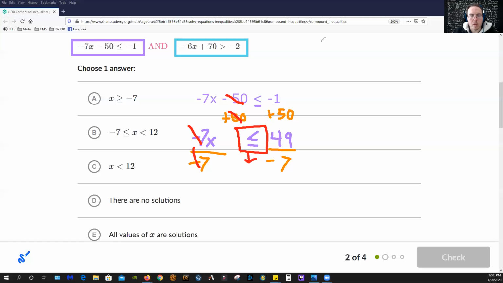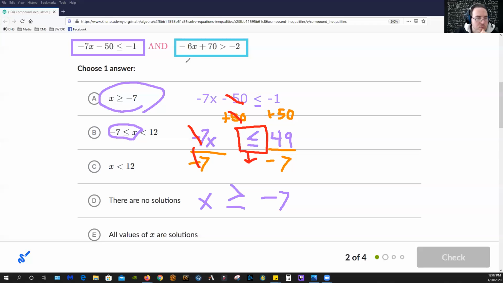So we end up with just x is greater than or equal to 49 divided by negative 7, which is negative 7. So x is greater than or equal to negative 7. I like that. That is the same thing.